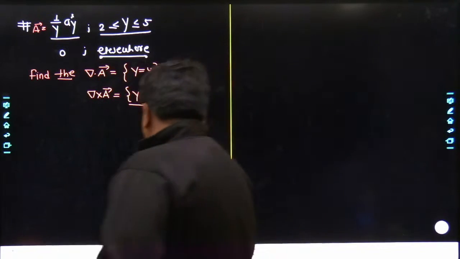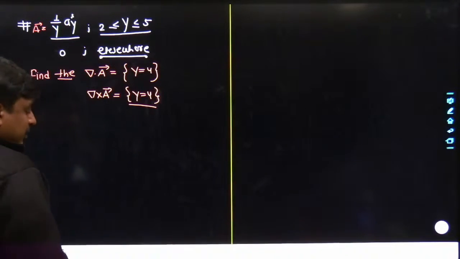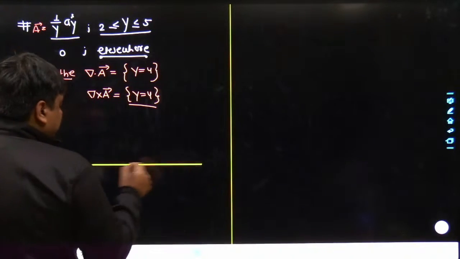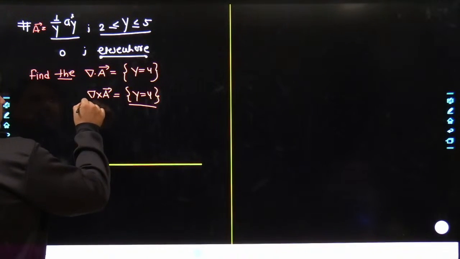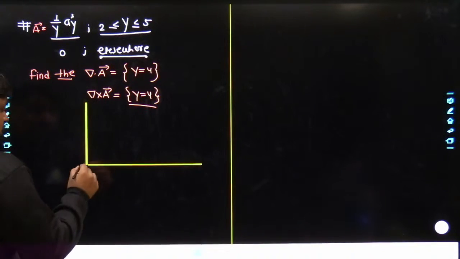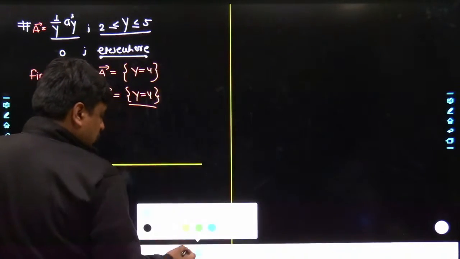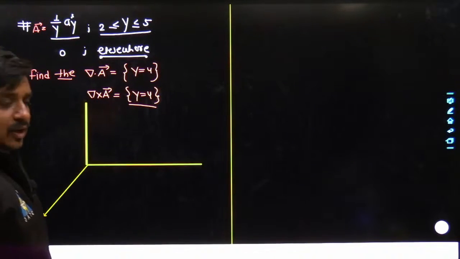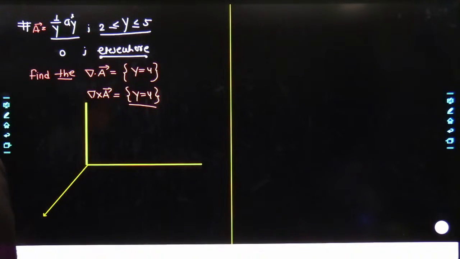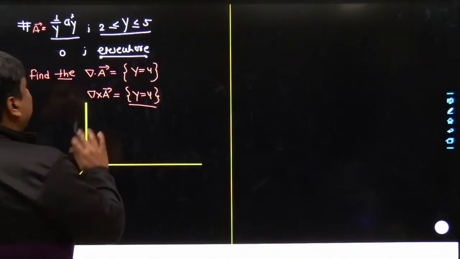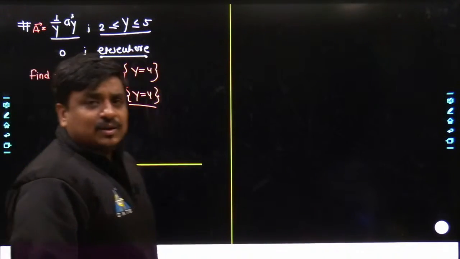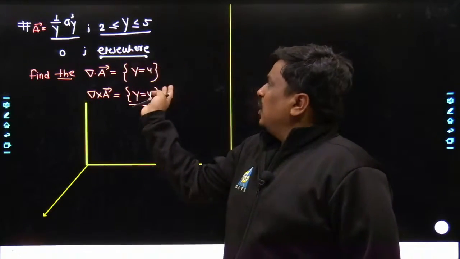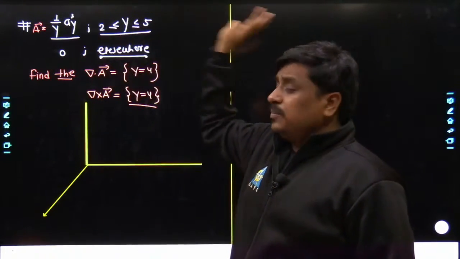My dear friends, what I would be doing, as I have been doing so far, is taking a Cartesian coordinate system. I have taken this as the y-axis, this as the z-axis, and here goes the x-axis, which is vertically out from this plane. Now, as it has been clearly given, the vector field exists in between 2 to 5, and the magnitude of the vector field is simply 0 beyond y is equals to 2 and similarly beyond y is equals to 5.